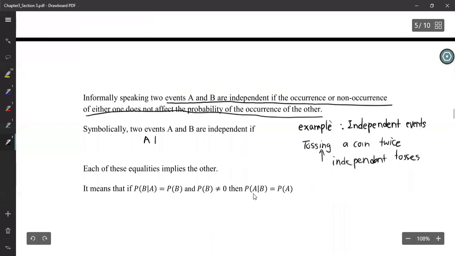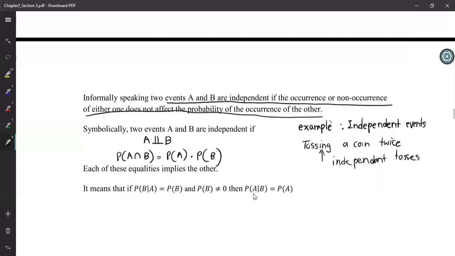We write it like this: A is independent from B. So this is the symbol. And then you can find this simply by multiplying their probabilities only if they are independent. So this is the multiplication rule when they are independent.